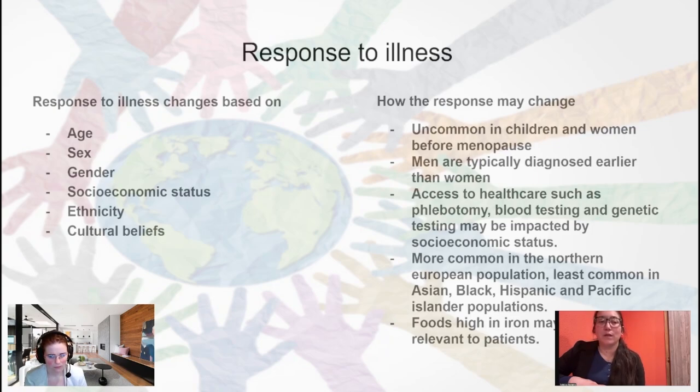Ethnicity, because hemochromatosis is more common in Northern European populations, and less common in Asian, Black, Hispanic, and Pacific Islander populations. And cultural beliefs, because foods high in iron may be culturally relevant to patients.